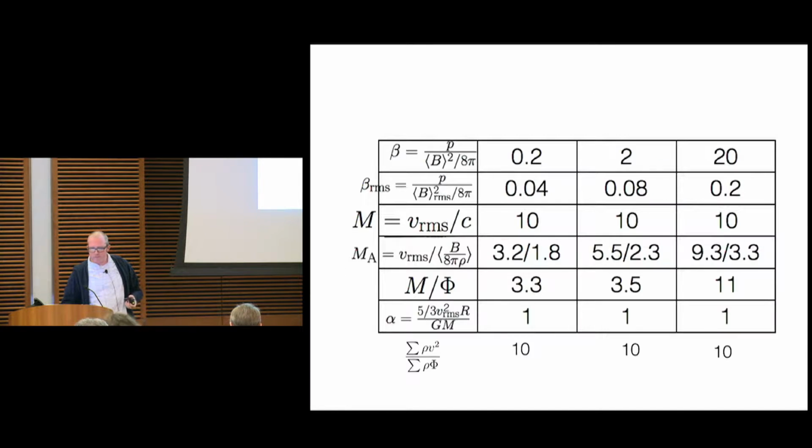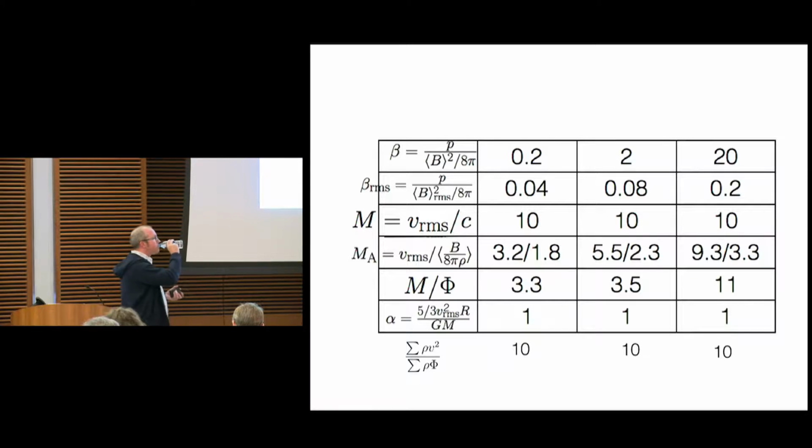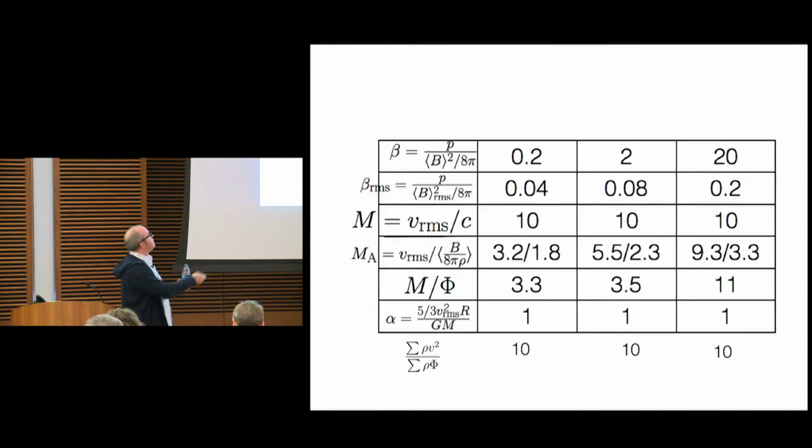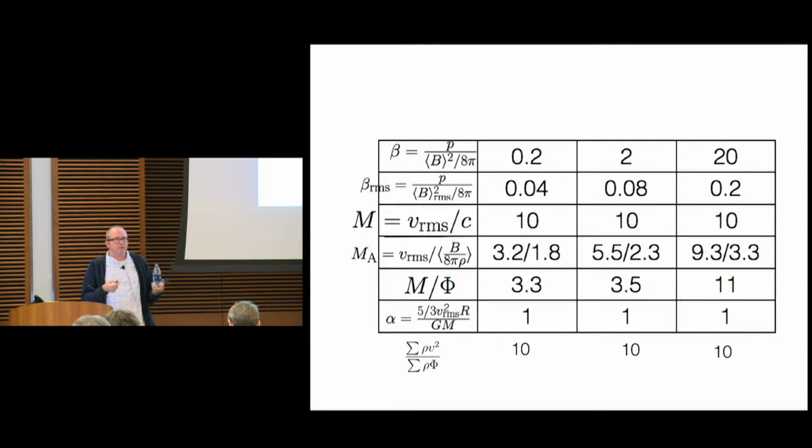Okay, so here's the parameter space that they kind of live in. So we characterize the simulations in most of the results with the mean beta of 0.2, 2, or 20. Probably a more relevant parameter to characterize the simulations with is the pressure over the RMS field, which is quite a bit lower.